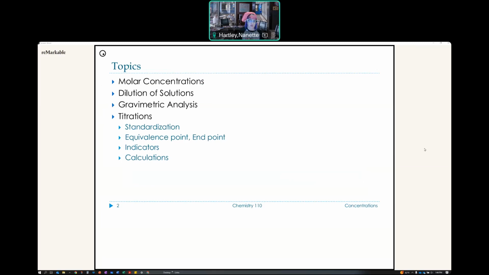We'll talk about gravimetric analysis, which is a very common way for us to analyze solutions to see what their concentrations are. And then we'll talk about titrations, what they are, how we standardize things, the difference between an equivalence point and an endpoint, what an indicator is and what we use it for, and how we do the calculations associated with titrations.